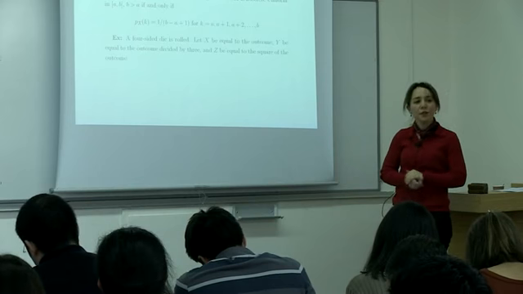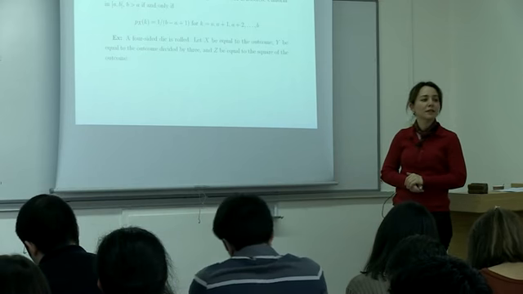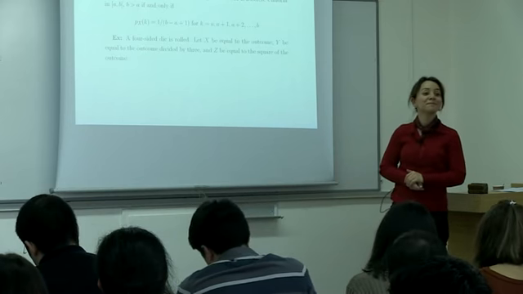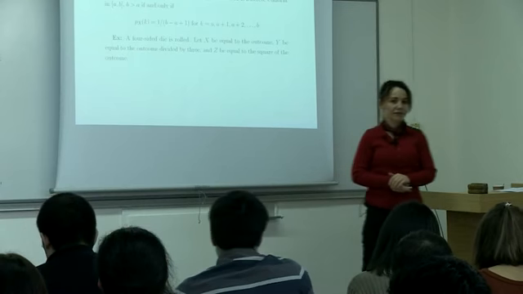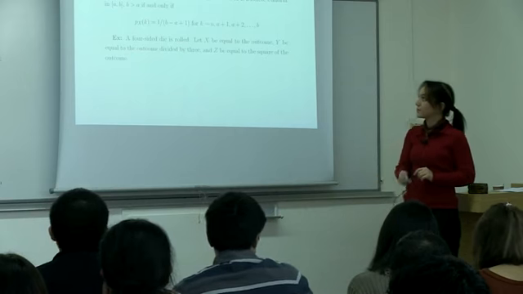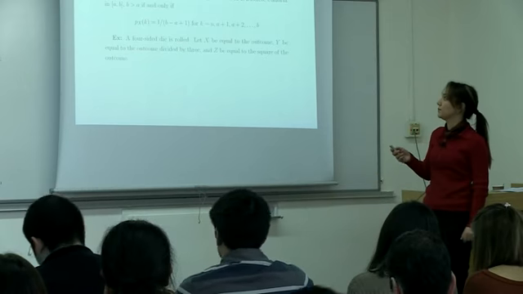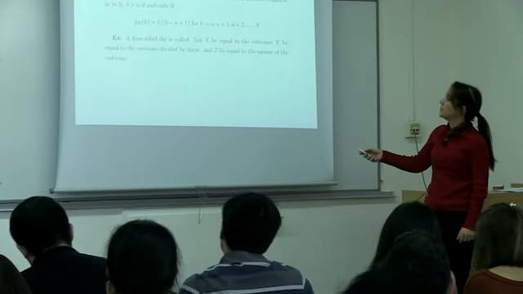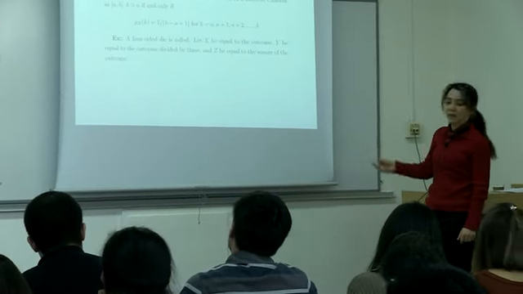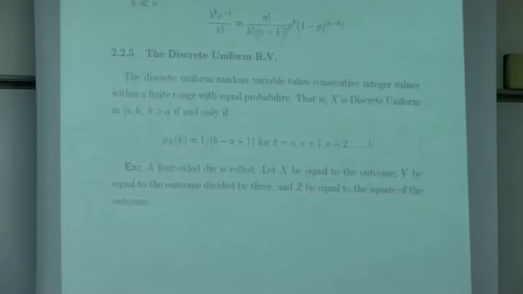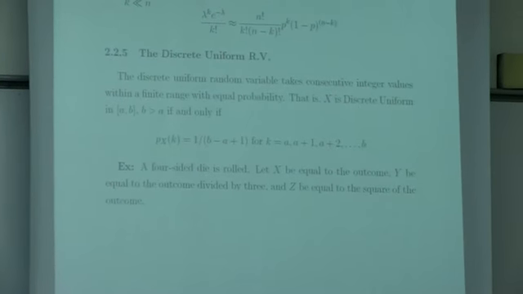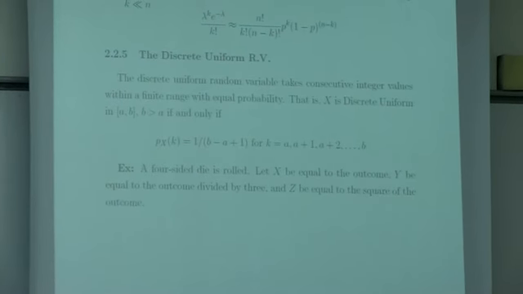Okay. Are there any questions on these things? No? Okay. The next distribution is a discrete uniform. The discrete uniform random variable takes a number of values, consecutive integer values, with equal probability.